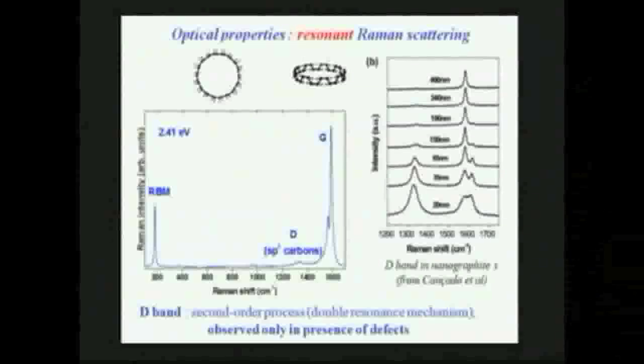And you see that the D band is very small when you have no defects, and then it starts to increase, and when you have a huge amount of defects, the D band is larger than the G band. In nanotubes, you have the same phenomenon. Therefore, you can use the intensity of the band to have an estimate of the amount of defects in your samples.